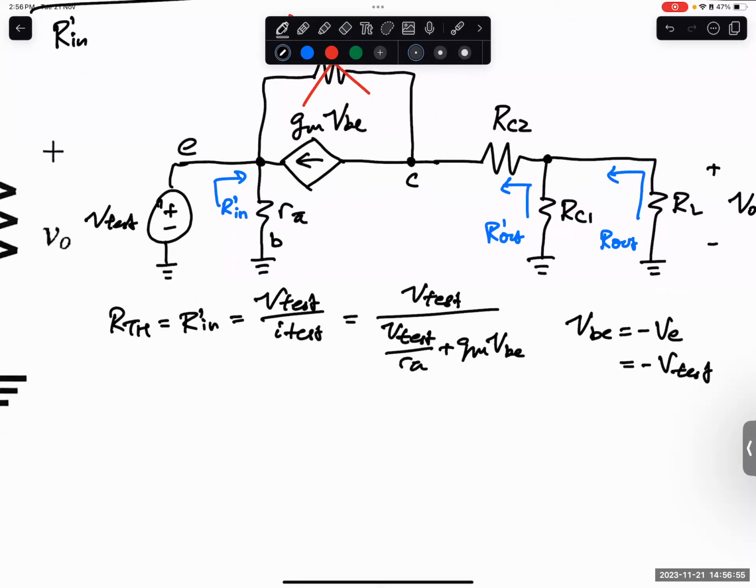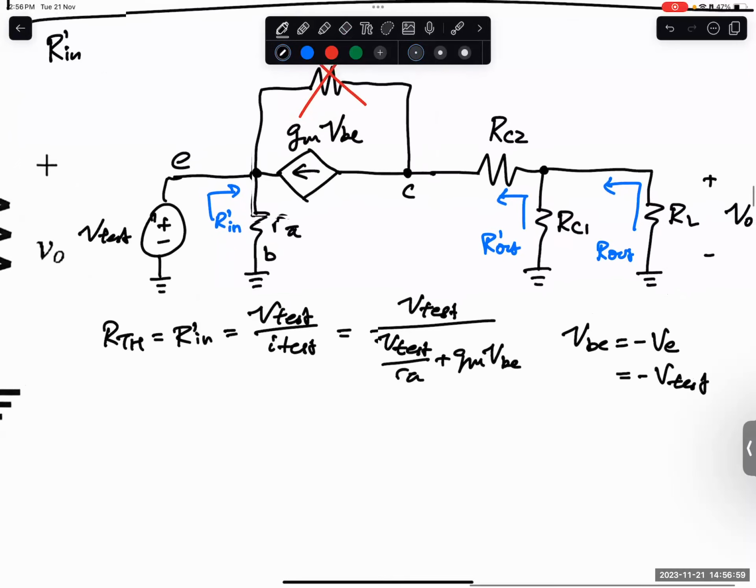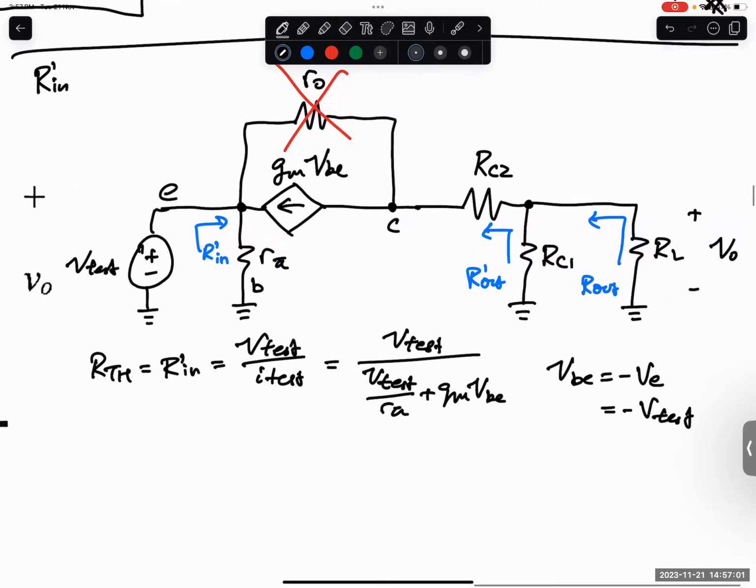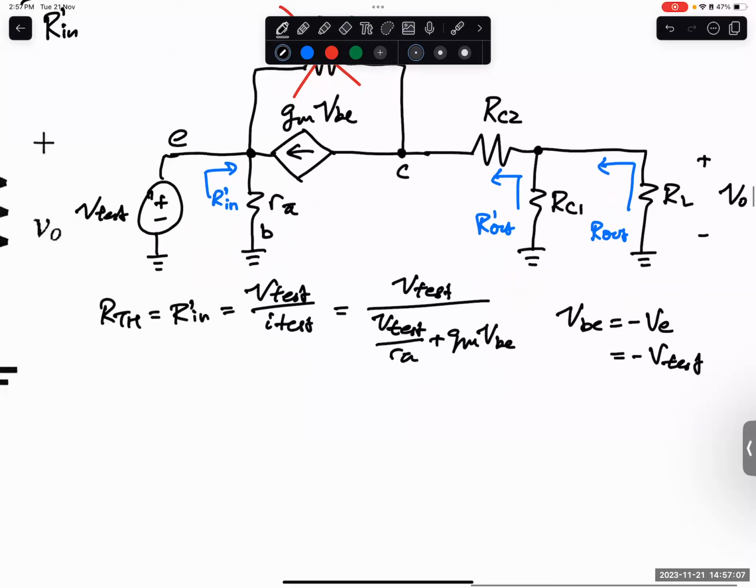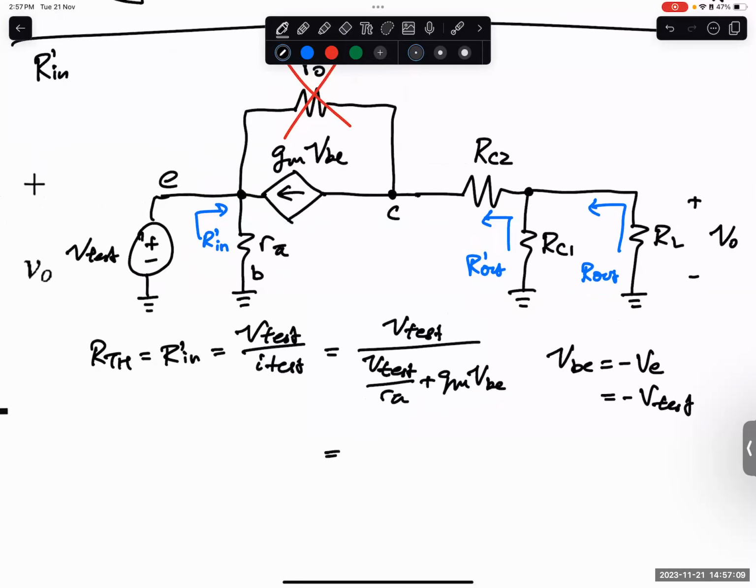Common base. R in prime equals, very easy, V test over I test equal to V test over V test. Okay, I'm lazy to write, I copy and paste. Like that.